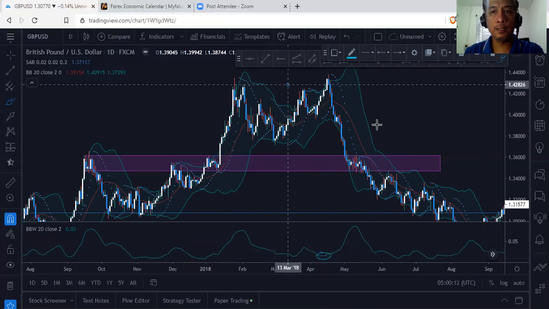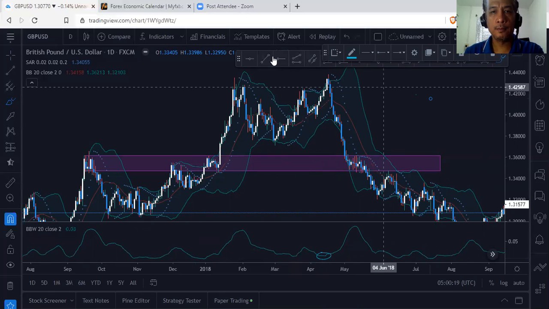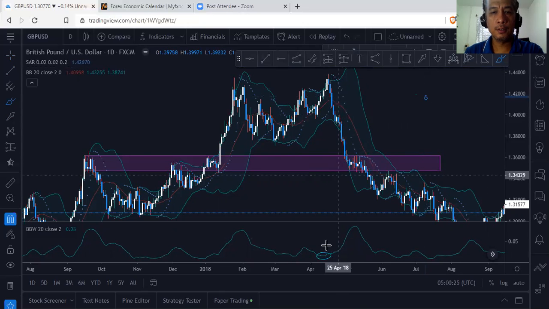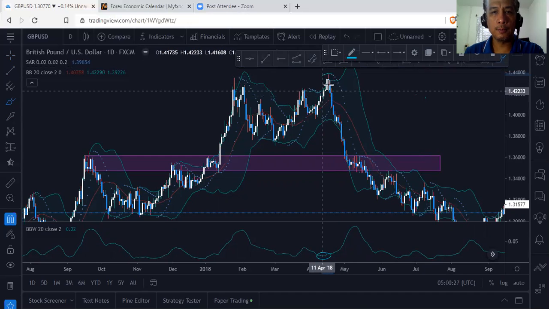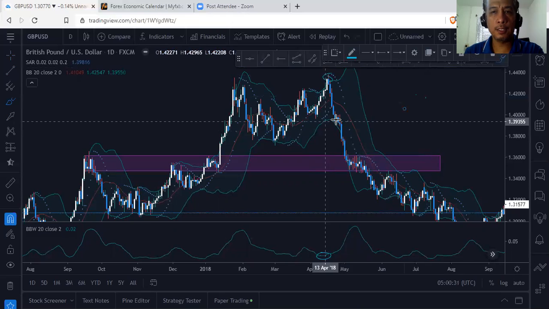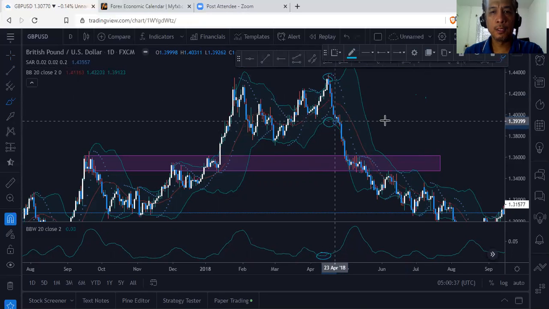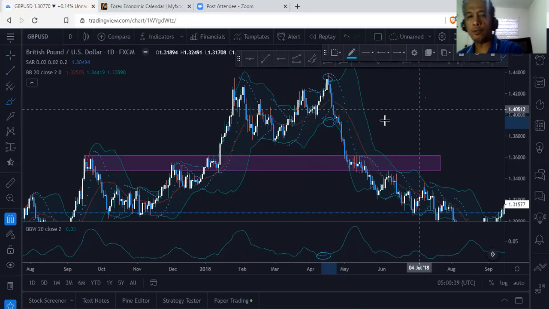So if you're going to check this area, this low, you can see it here. Look at the one. See the one? This area here is a squeeze in the Bollinger Band.